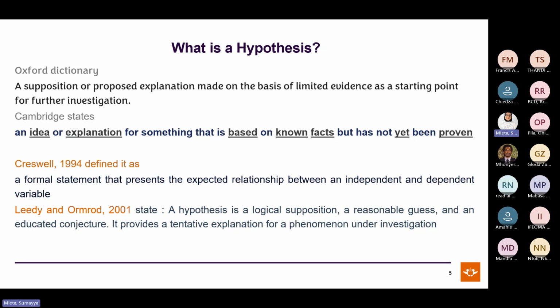Then Leedy and Ormrod in 2001 said it is a logical supposition and a reasonable guess. It provides a tentative explanation for the phenomena that is under investigation. So it's a very well thought out statement. It's not something that you just pull out from a hat and say, oh, this is a hypothesis. It's a guess, but it is a calculated guess based on some sort of evidence.